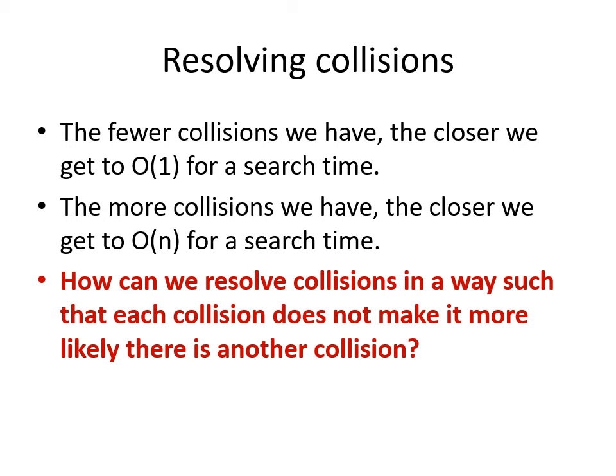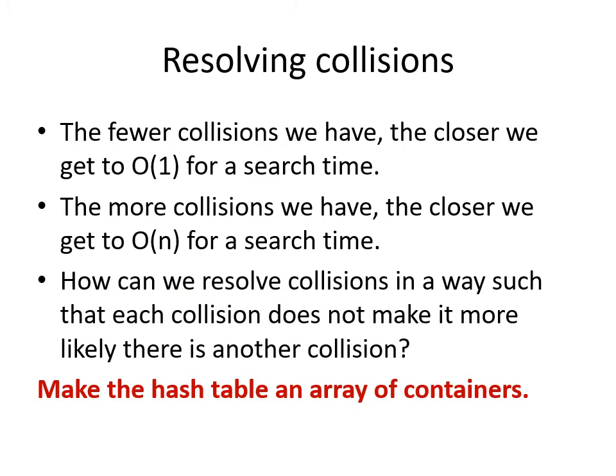Ways of buffering that, of making it so that each new collision doesn't necessarily make it more likely that we'll have more collisions. So a solution is, rather than just using a standard simple Java array as our hash table, to use an array of containers, an array of arrays, or an array of lists of some kind.